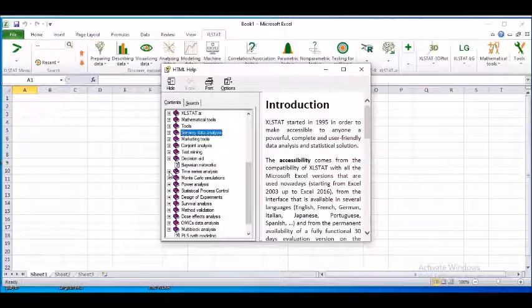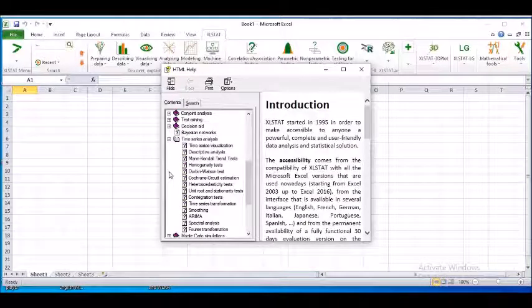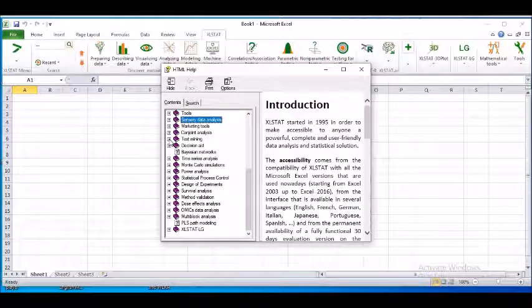Now time series analysis, those of you who are keen about the time series analysis, Exelstat, this one brings you a lot of it, and you can click and you can see that yes, there are so many different topics that they have discussed under the title of, I would say, time series analysis.